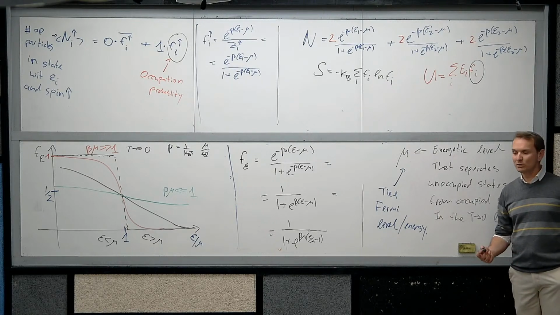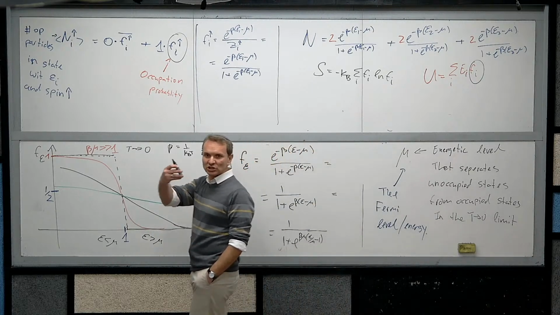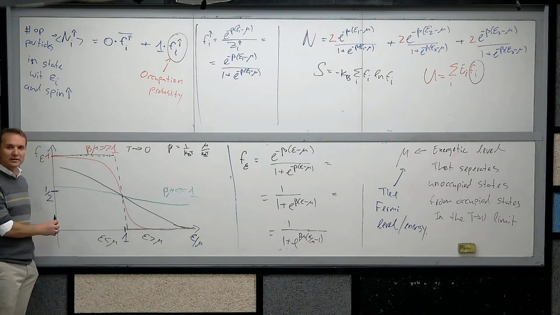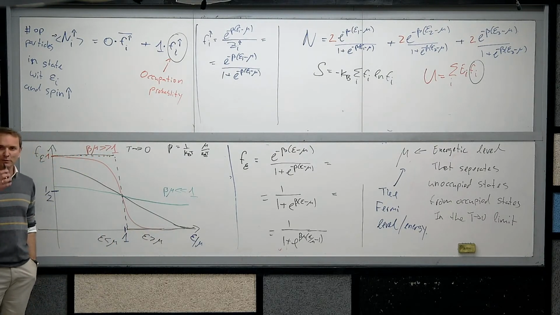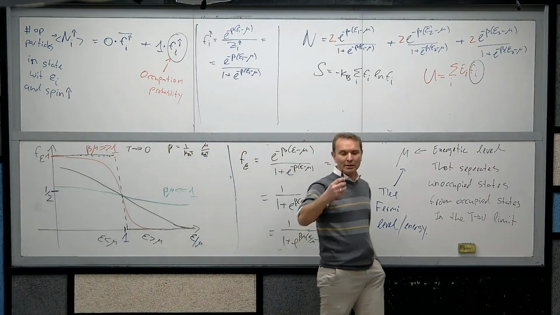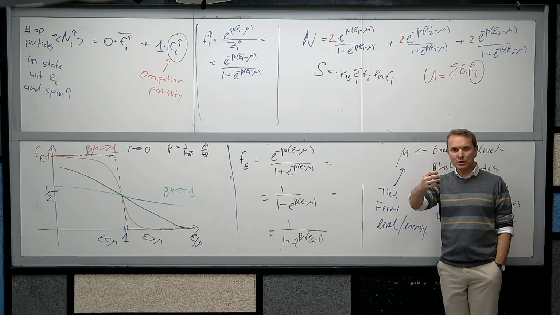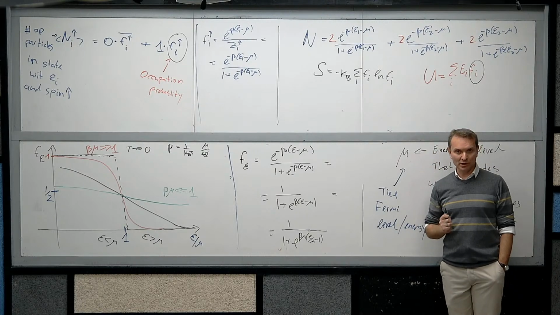In the regime of low temperatures, the only thing that is important for any given energetic state is whether it's below the Fermi energy or above it. And this Fermi energy is exactly the chemical potential, which, as we have seen, depends on the temperature of the system and the number of particles inside the system.